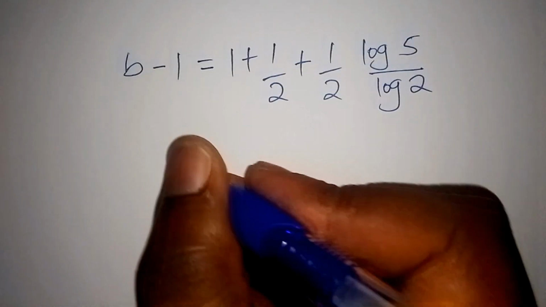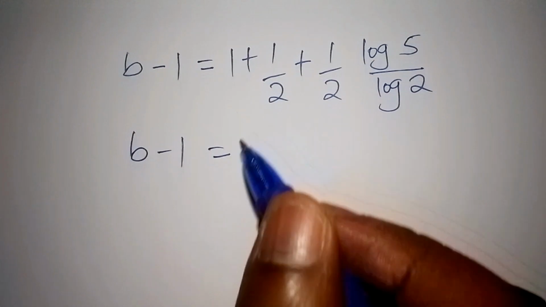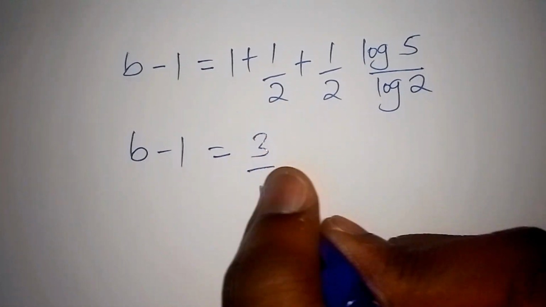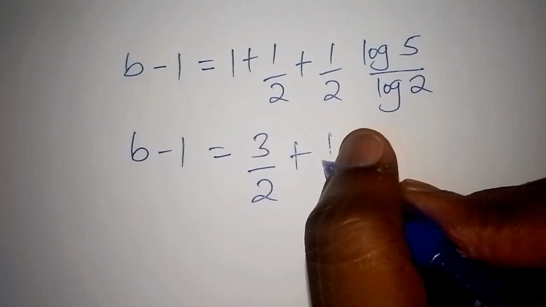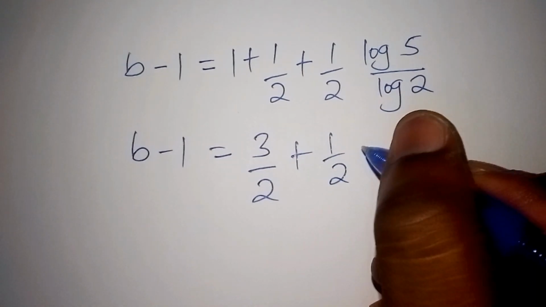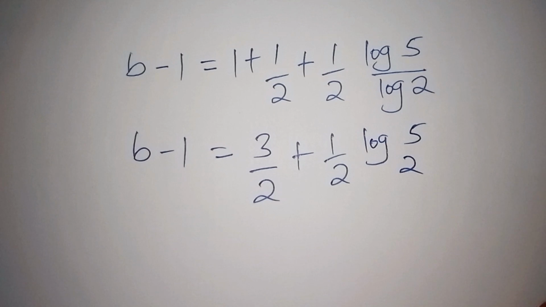So here now b minus 1 is equals to, so 1 plus a half, we shall now have 3 over 2, then plus, here now we shall have 1 over 2. So in this case now we shall have the log of 5 to the base of 2.